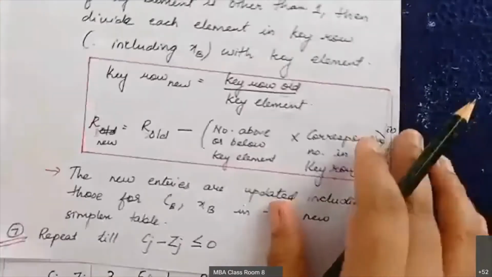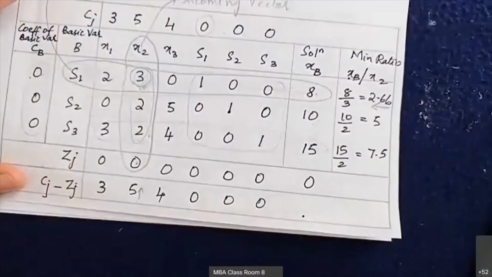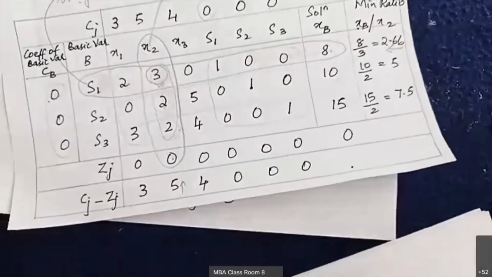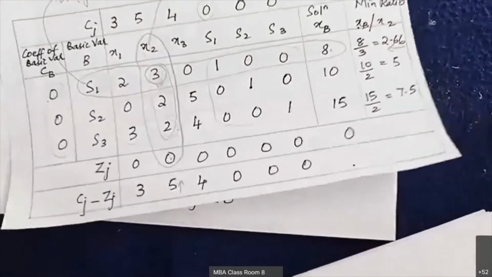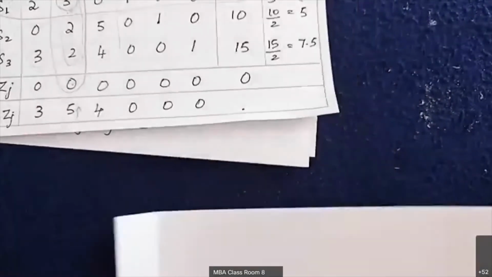Till now we have got this simplex table. Now we are going to do the row operations.